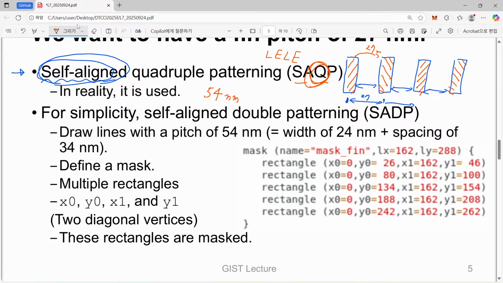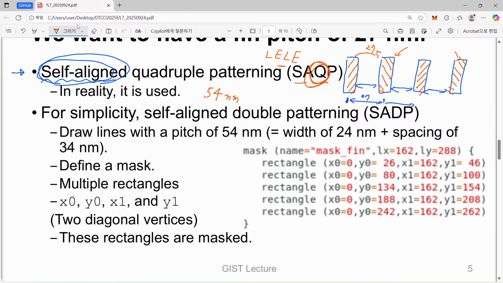After that, once again litho. This second litho is for the one shifted by 27 nanometer, and then etch. This kind of technique is actually being used in industry, but think about the potential problem of this technique.